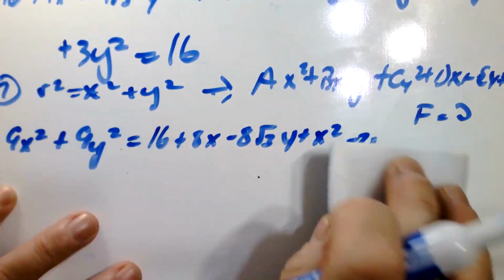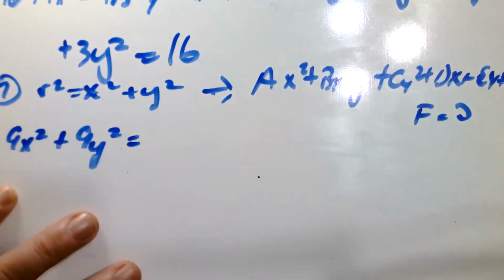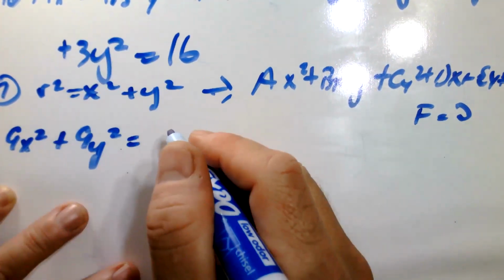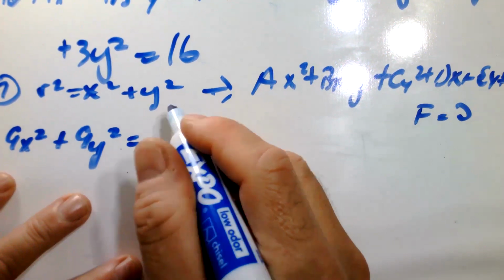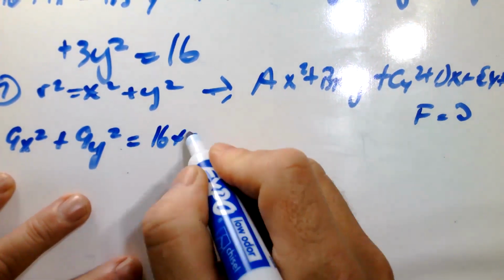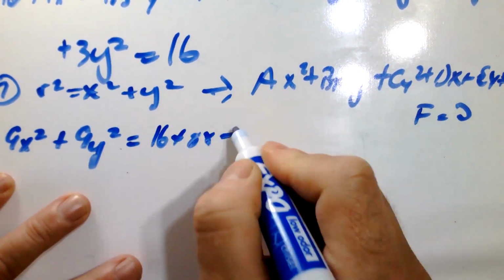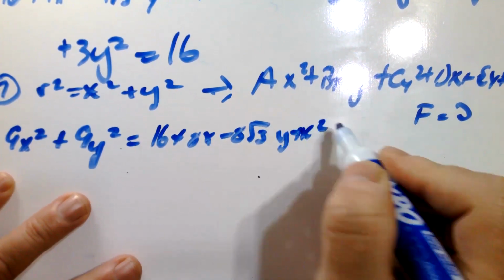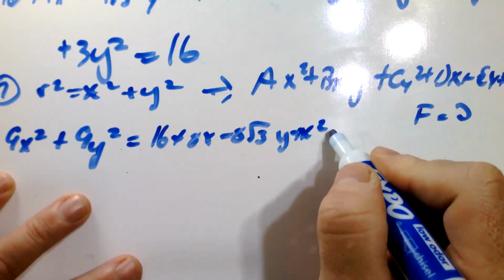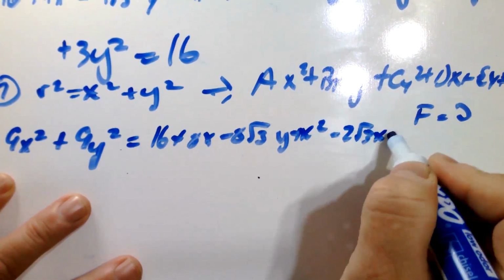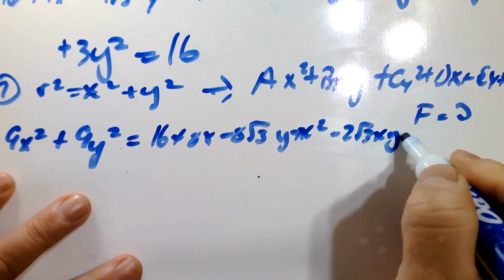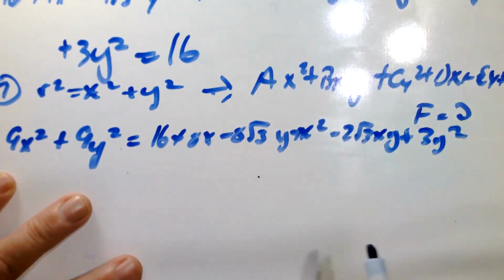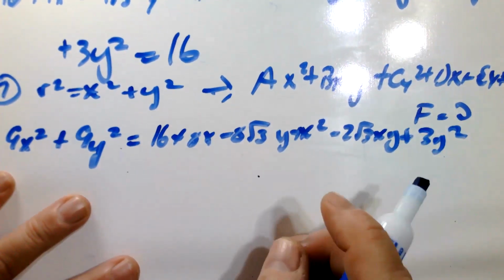Oh, sorry. 9x squared plus 9y squared equals 16 plus 8x minus 8 square roots of 3 y plus x squared minus 2 square roots of 3xy plus 3y squared. Okay.